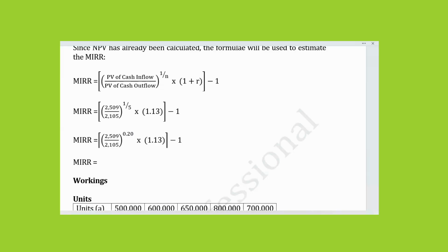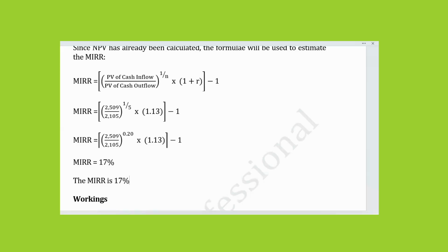What do you get? 17%. So the modified internal rate of return is 17%. This is how to calculate modified internal rate of return. You can see, very easy and straightforward, right?